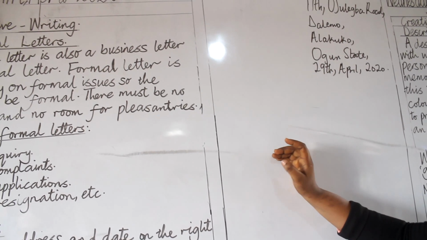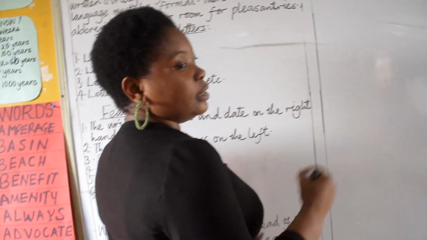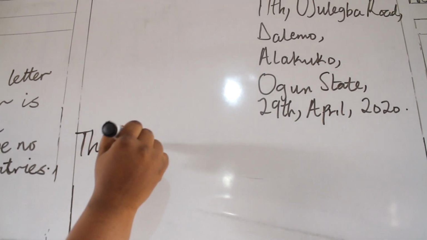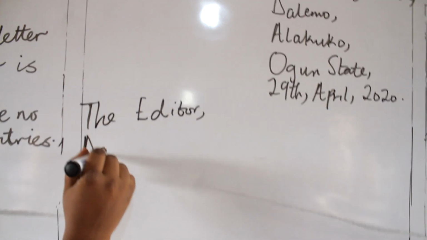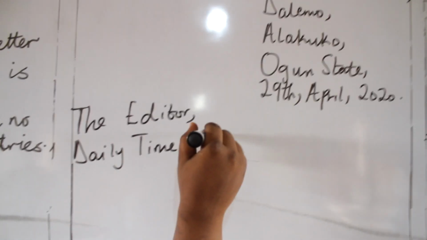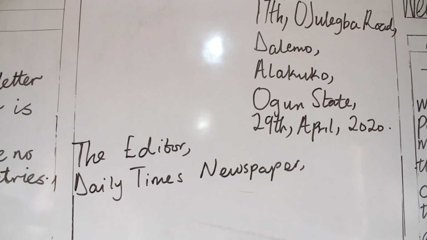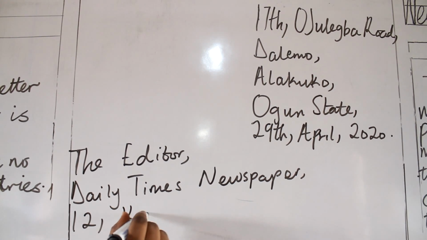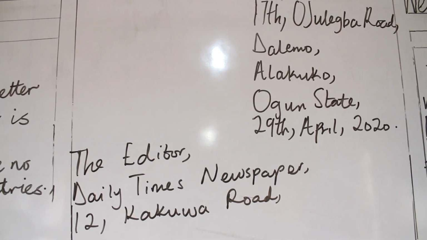Now I will cite an example by writing. You can write The Editor. You write Daily Times. That is the name of the company. And then you can write Lagos.